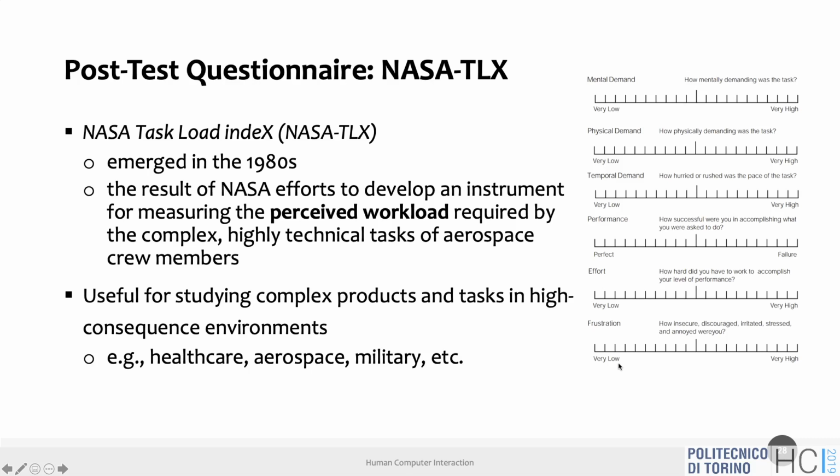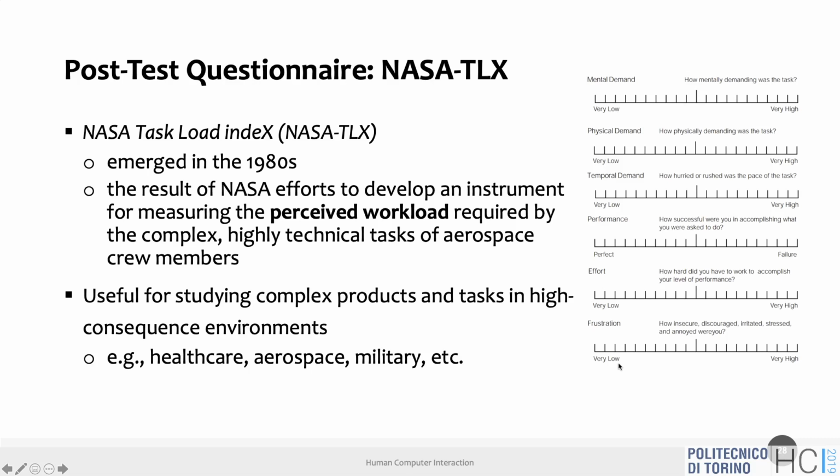So the perceived workload, the perceived fatigue that a highly complex system exhibits to people. Because if you have too high a workload, then probably performance decreases after a certain time, attention decreases, and so you can make more mistakes.